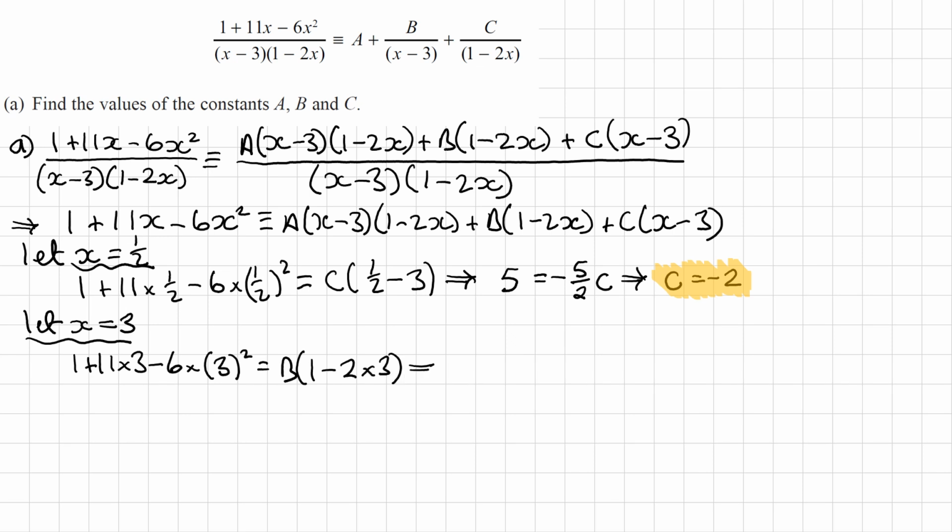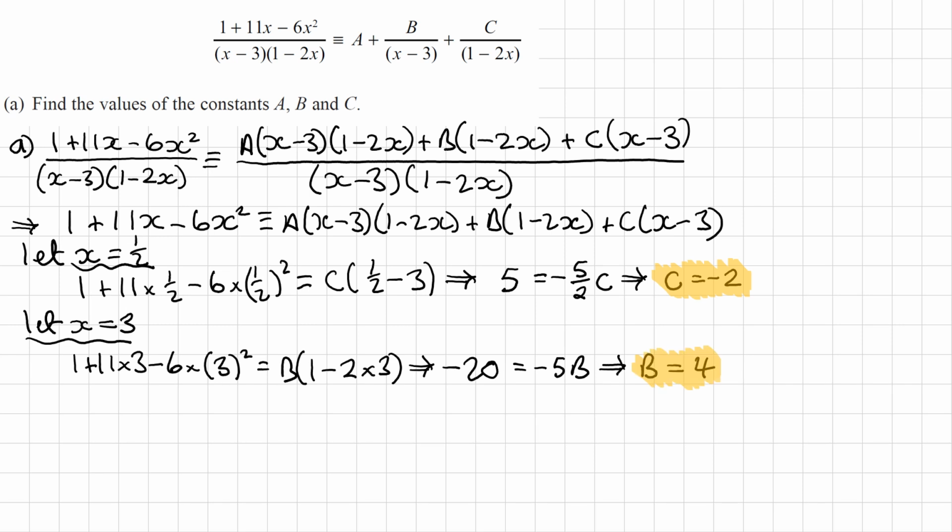Again, we'll work out what that gives us, and that will give us minus 20 is equal to negative 5B. That means that B is equal to 4.